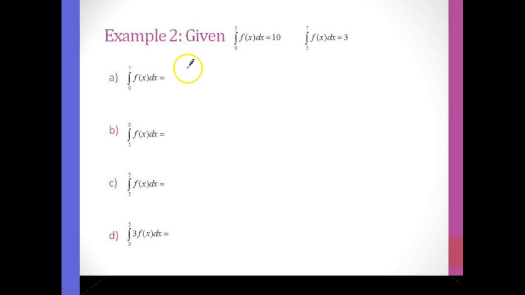So what we need to do is take 0 to 5 of f of x dx. But we don't have 0 to 7, so we have to take 0 to 5 and add it to 5 to 7.